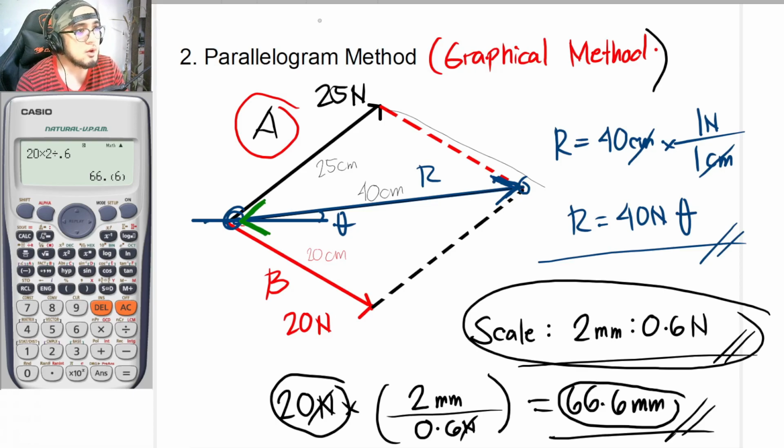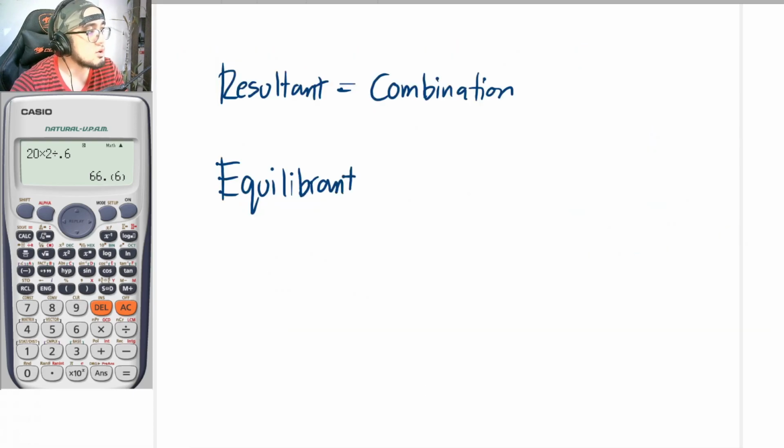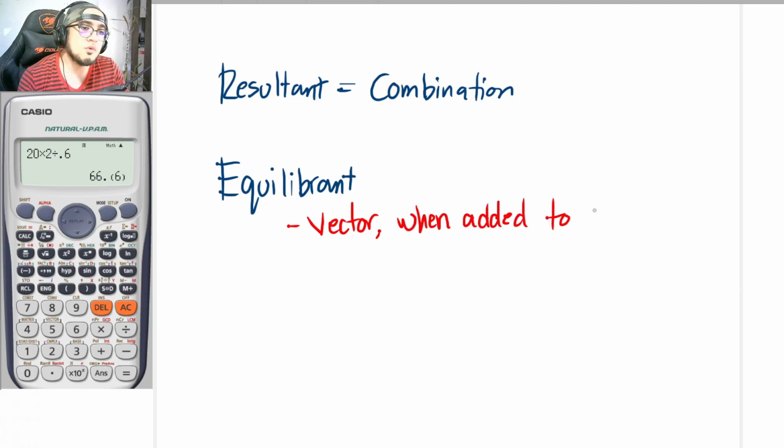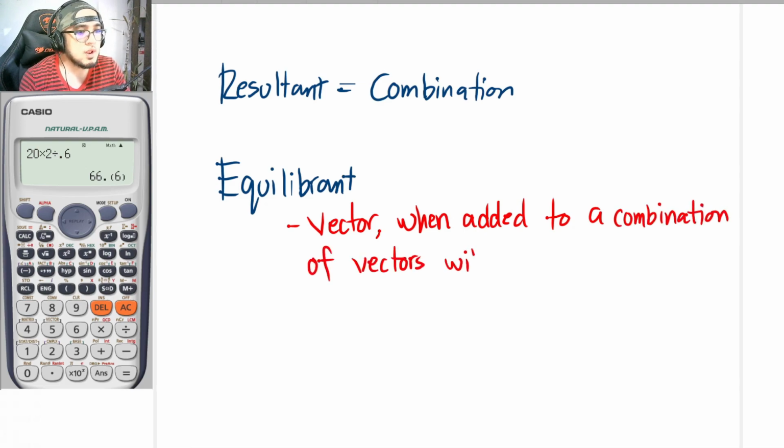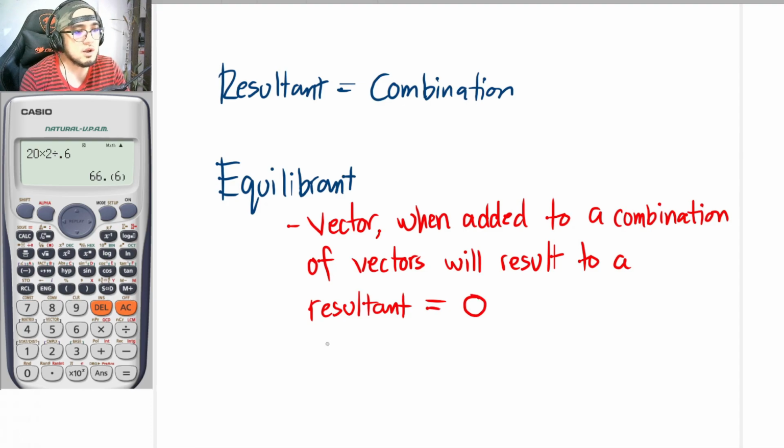So what is the equilibrant? Your equilibrant is a vector that, when added to a combination of vectors, will result in a resultant equal to 0.